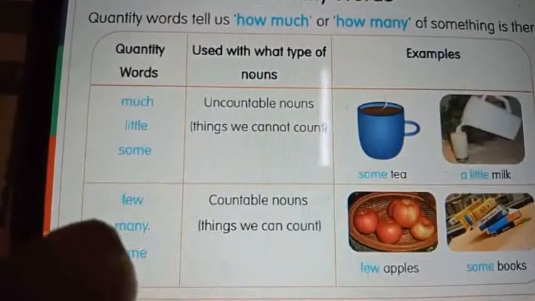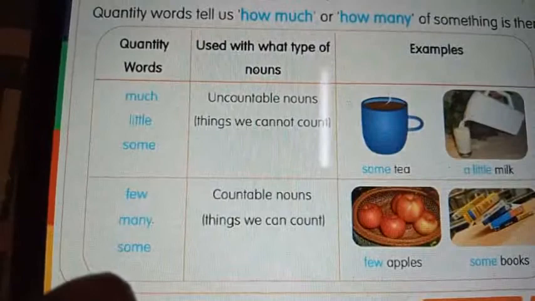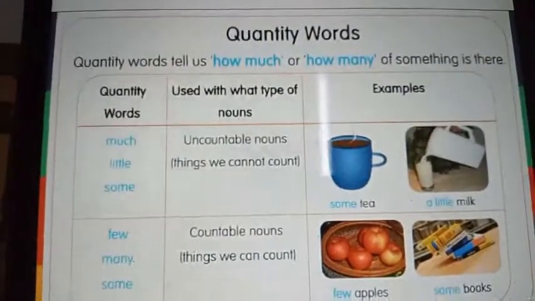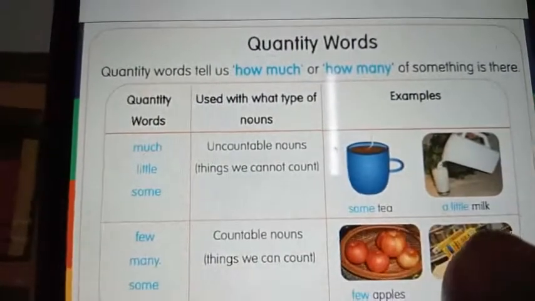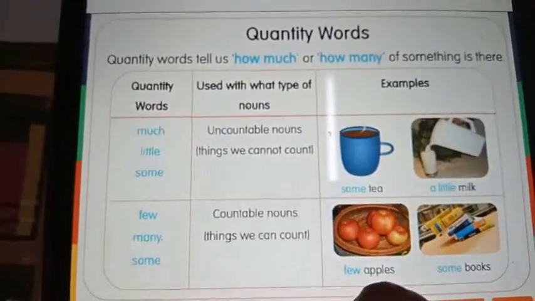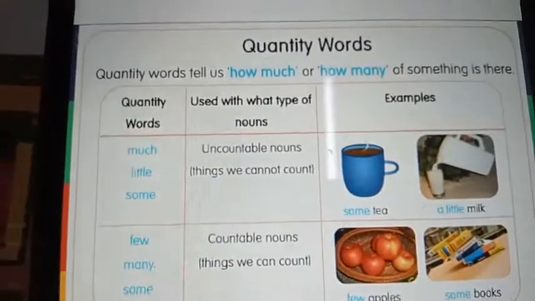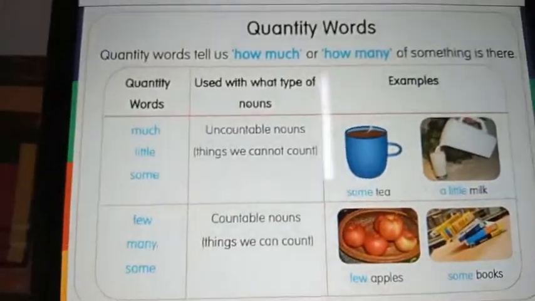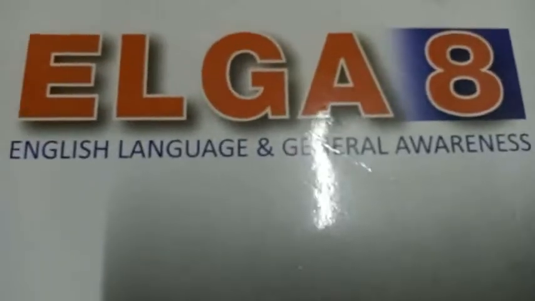For countable nouns, we have to use few, many, some. See that, uncountable means some tea, a little milk, right? Countable means few apples, some books. You just have to use these words, okay? Yes. Great, my dear children.